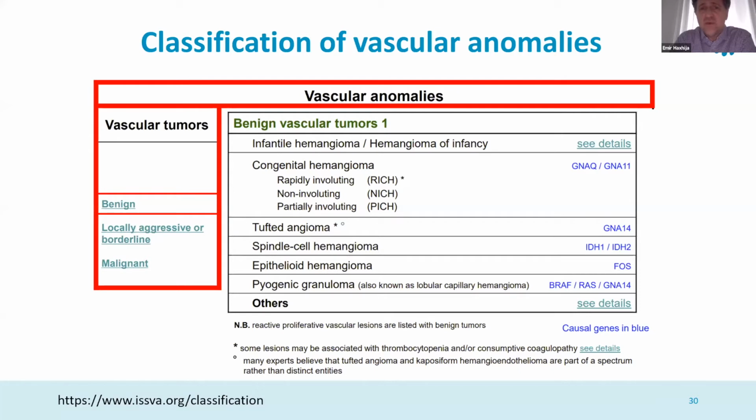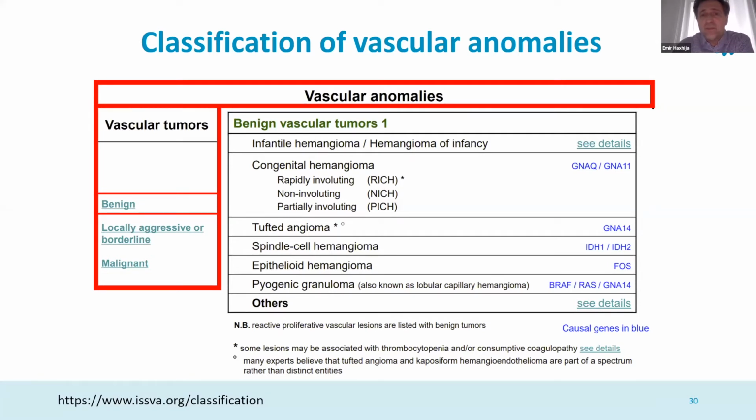And in the group of congenital hemangiomas, there is a group of rapidly involuting congenital hemangiomas, non-involuting and partially involuting congenital hemangiomas. The point is that you should know that there are congenital hemangiomas. If you do not know that there are congenital hemangiomas, you can again make a mistake and think that it is an infantile hemangioma and again treat them inappropriately.